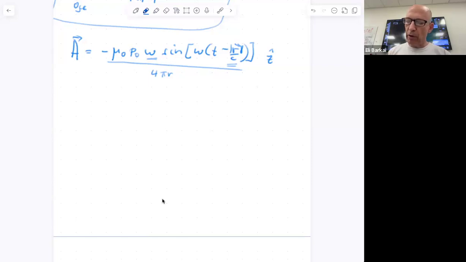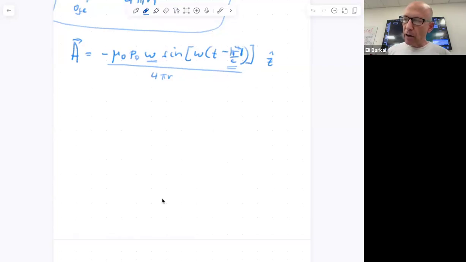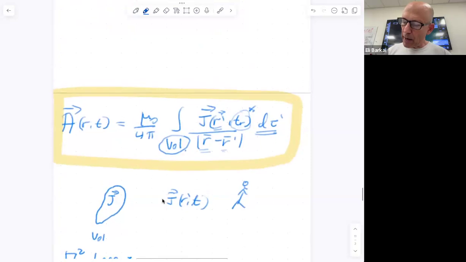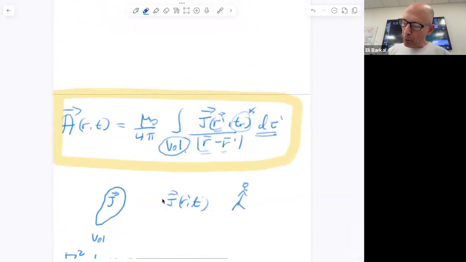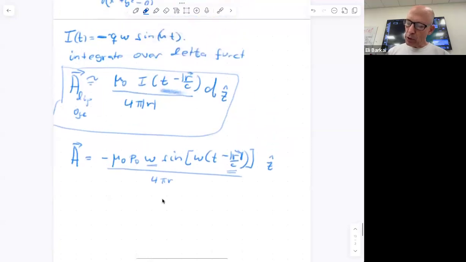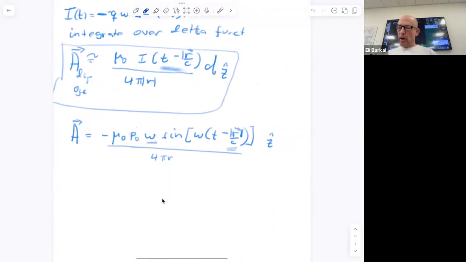So that gives you time derivative, and that gives you this omega here. It's going to be important. And 1 over R, it comes simply from the fact that we have here R minus R prime, but R prime here is of order d or smaller, and d is negligible compared to 1 over R, and that's why we got this expression for A, which is again a simple expression.